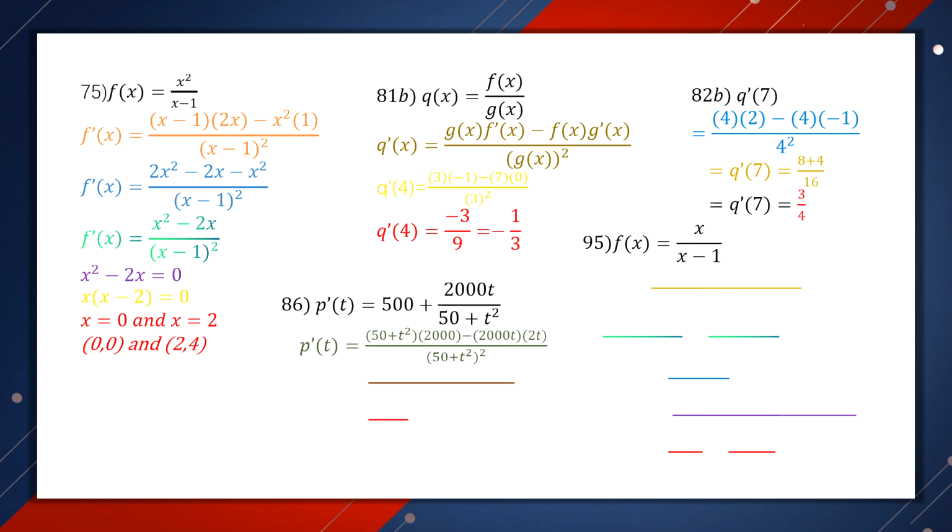And this is 86. P derivative t equal to 500 times 2000 t over 50 plus t squared. So we also use the quotient rule, where this is g of x and this is f of x.